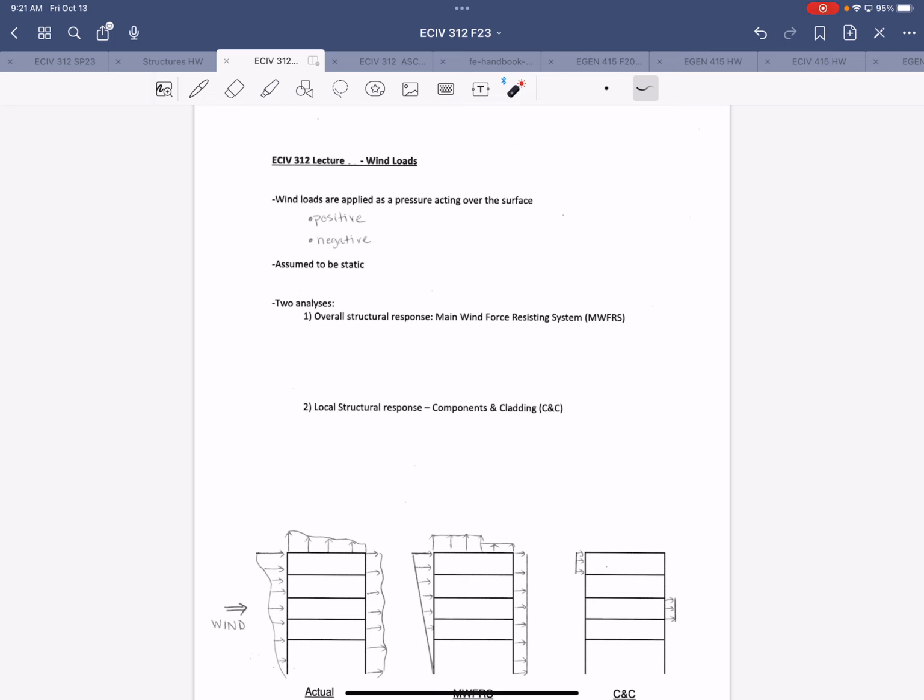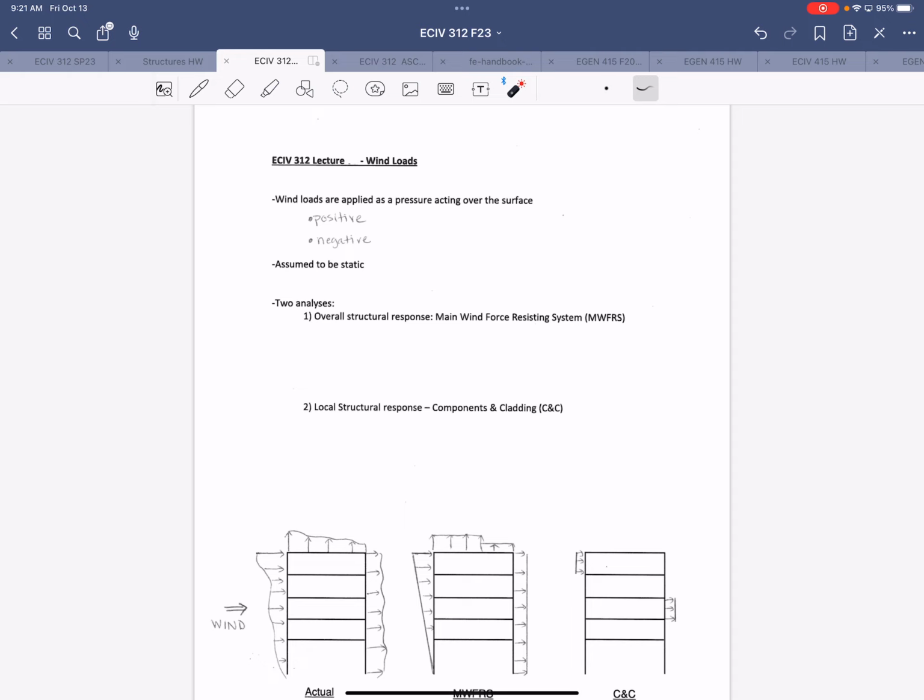Once we finish those, then we'll start going through the code or the standard tables and figures, and that I have taken care of in the PowerPoint presentation, so the slides will be relevant to that portion of the wind loads lectures. So I'd have both ready for Monday, because I expect we'll definitely start the PowerPoint slides on Monday that will take us through the ASCE 7 specific tables and figures.